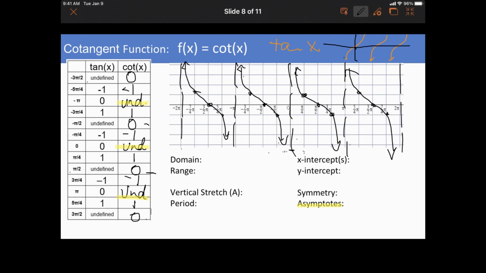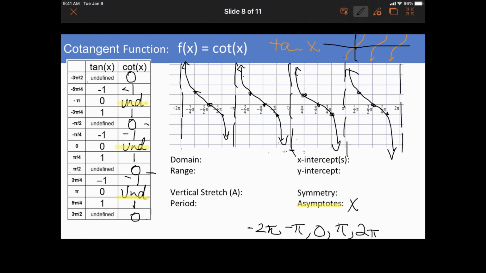All right, so let's talk about the domain. Clearly I have asymptotes. And where are my asymptotes? My asymptotes are -2 pi, -pi, 0, pi. We've done this one earlier today and before. It's just like cosecant.